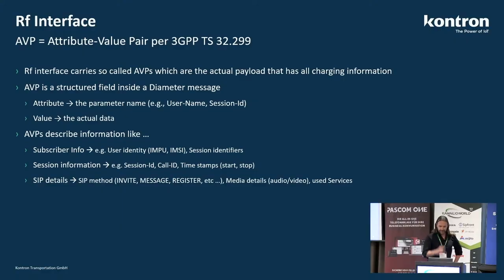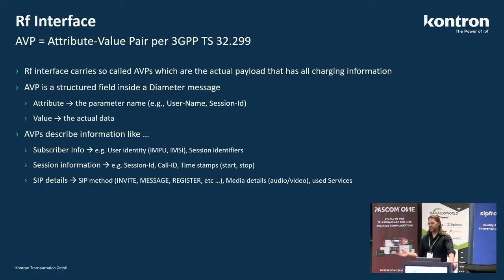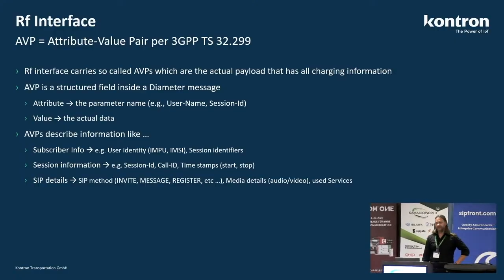the actual data inside. While MCPTT is quite specific, because in MCPTT SIP, you have various payload XML bodies, which contain this specific information for this mission-critical push-to-talk, or mission-critical video, or mission-critical messaging session.